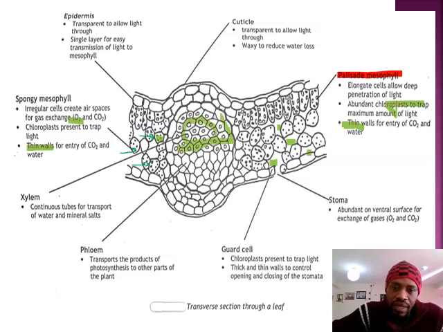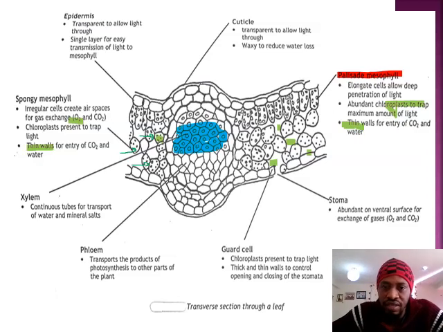So the fact that the leaf has xylem means water is able to pass there. So this blue region here is where water will be passing. Did we say we need water for photosynthesis? Yes, this is where it passes. So it means the leaf has a structure which brings in water.